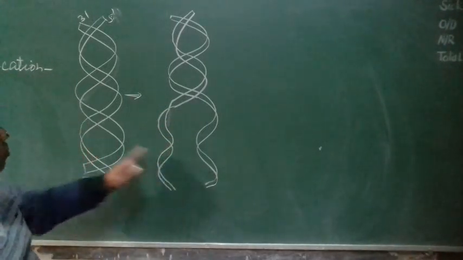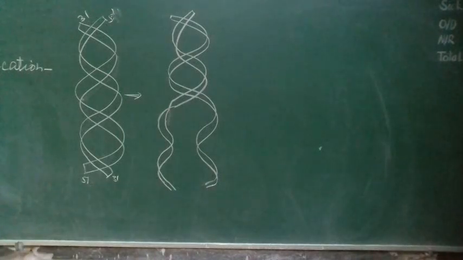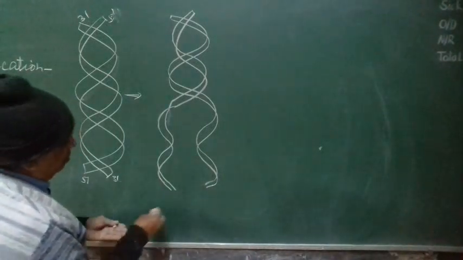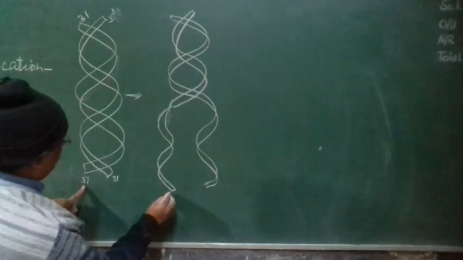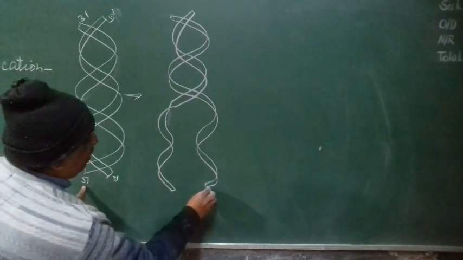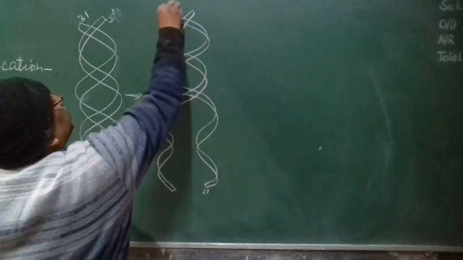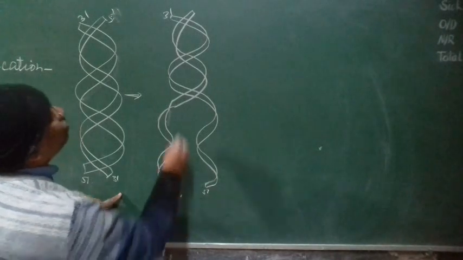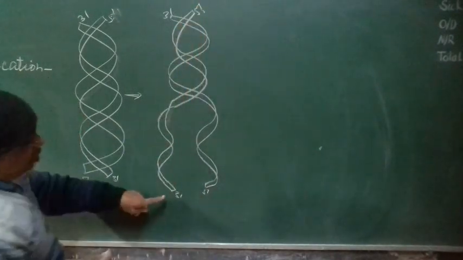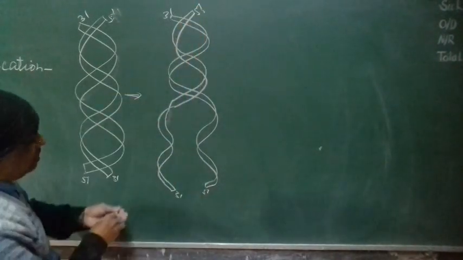Now on this helix, suppose this is in 5' to 3' direction and this is 3' to 5' direction.